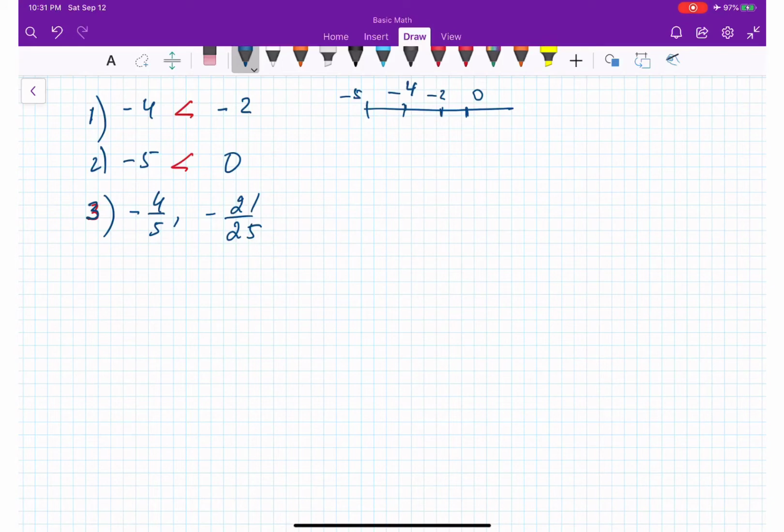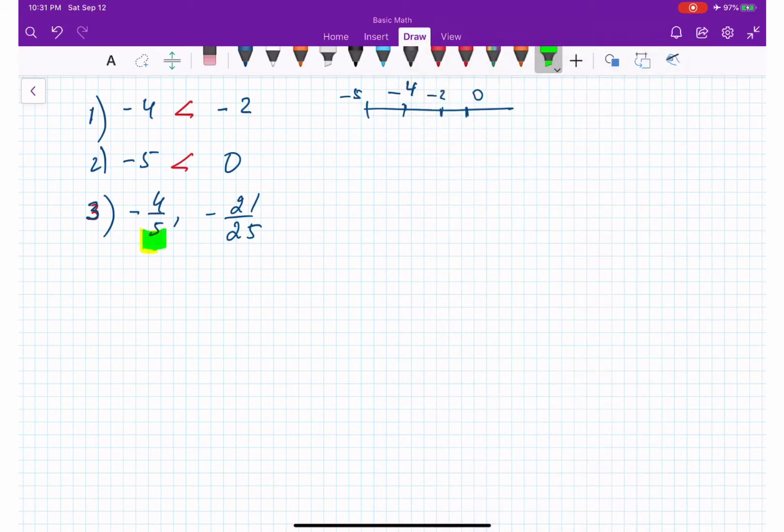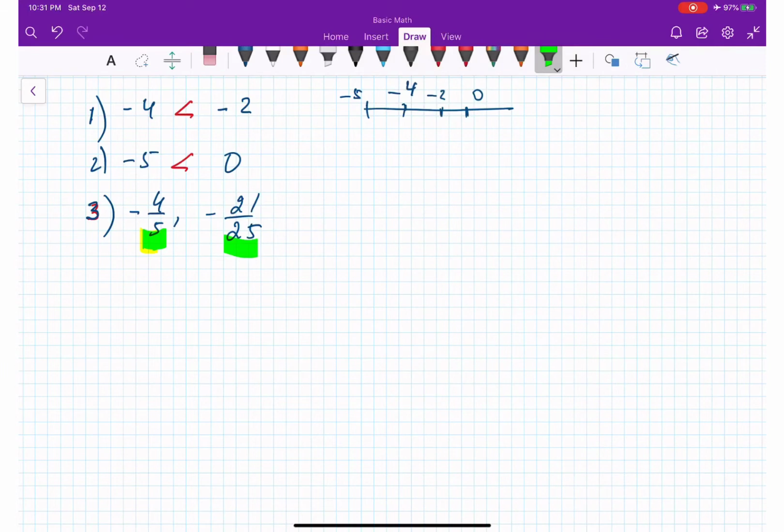So what we're going to do, we need to bring them to a common denominator. In here we have 5, here we have 25. So both of them we need to bring to 25, right?